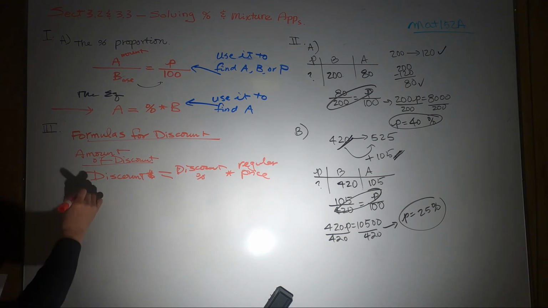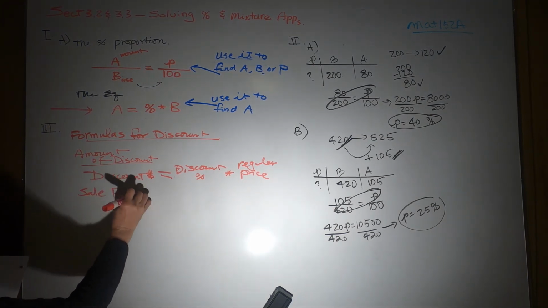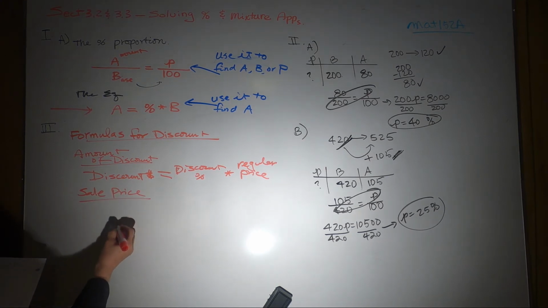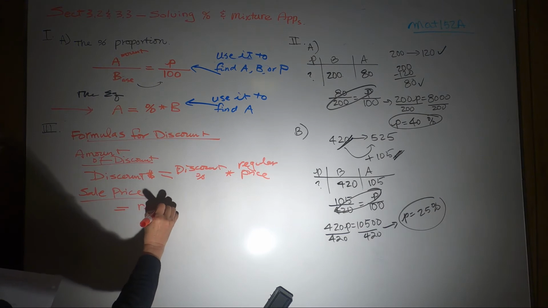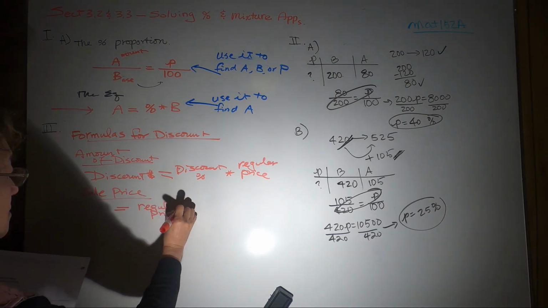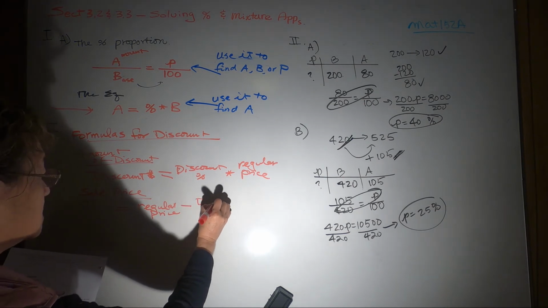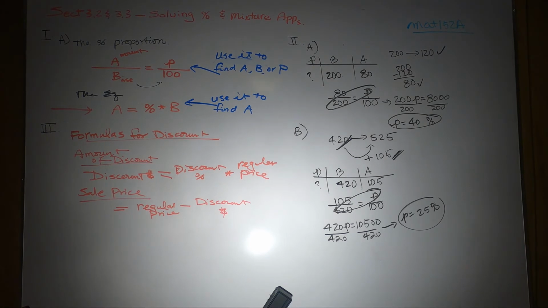That's the amount of discount. How about the sale price? Sale price equals your regular price minus your discount. That's how you do it.